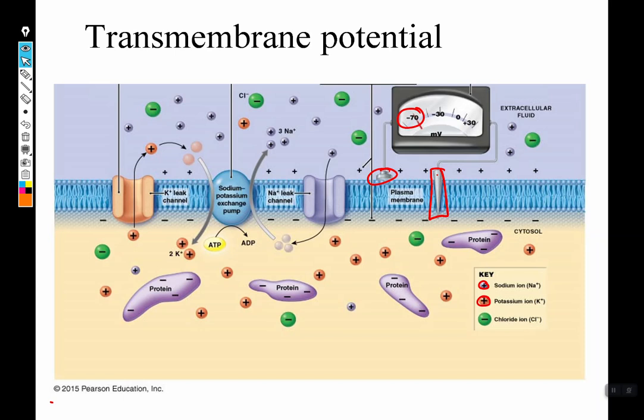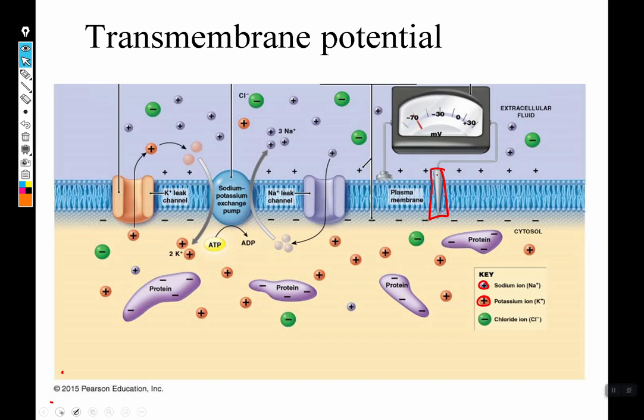difference, meaning that the inside of the cell is 70 millivolts more negative than the outside. Negative here just means that there's more negative charge and less positive charge inside the cell. So this -70 is our reference resting membrane potential for a reference neuron.